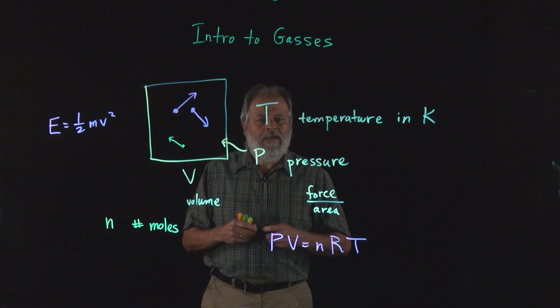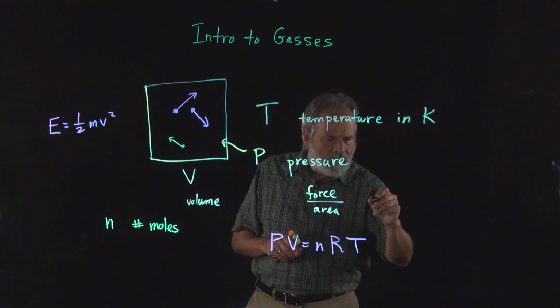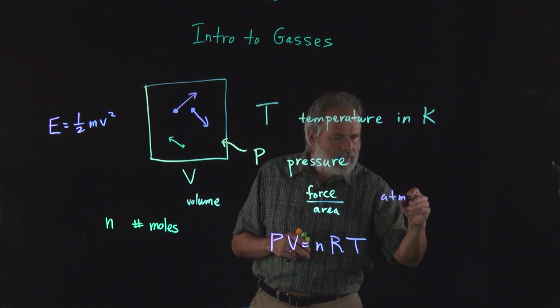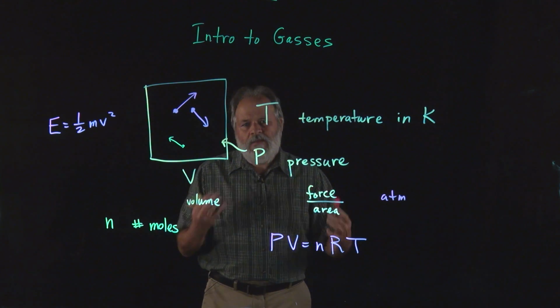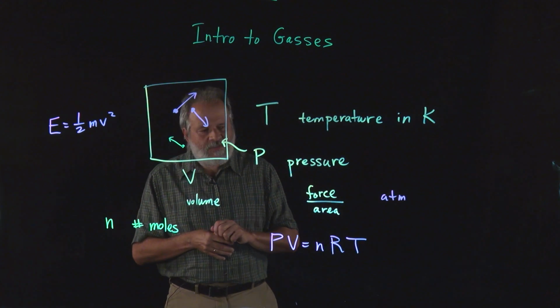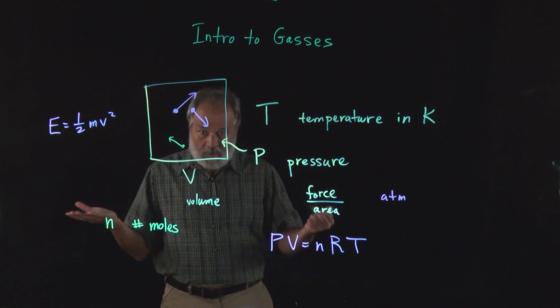But it turns out that the pressure, well, there are different units, but we're usually going to use atmospheres. So the pressure at sea level of the atmosphere above us is about 1 atmosphere.